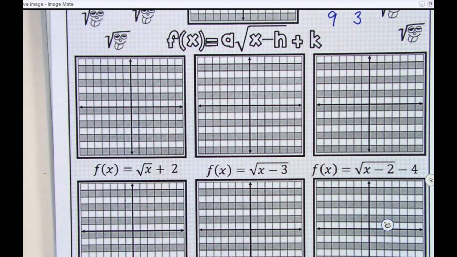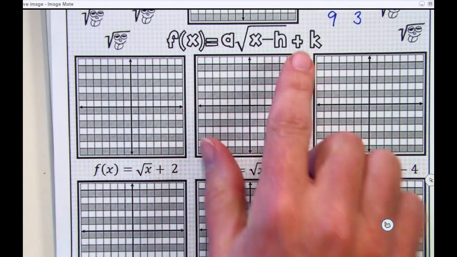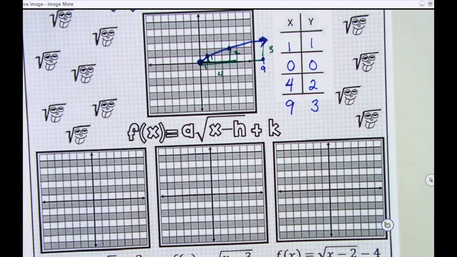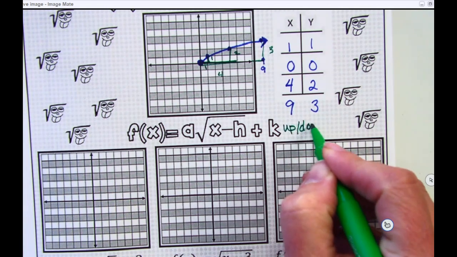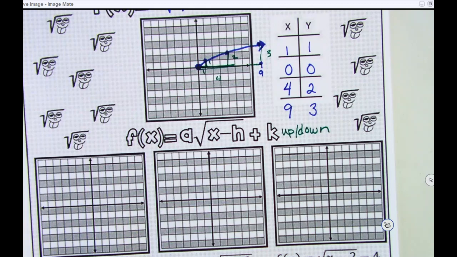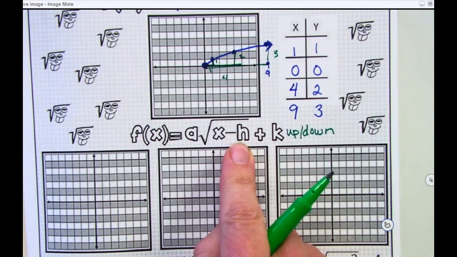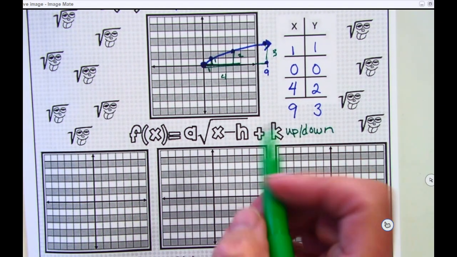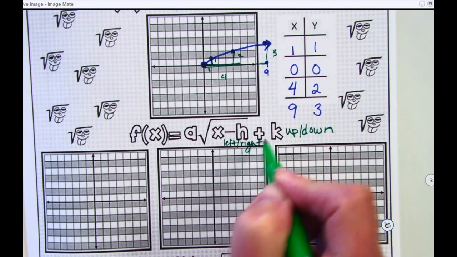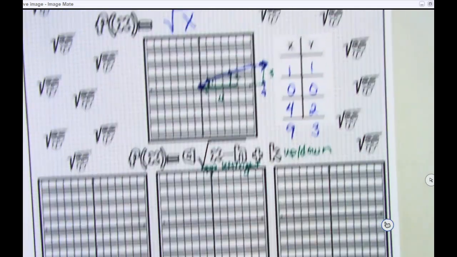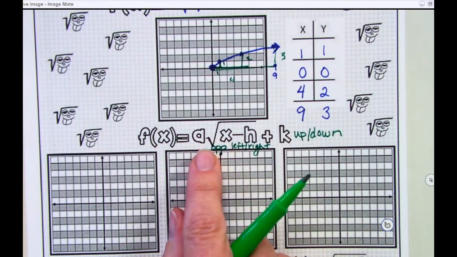We like that, right? So let's remember, what does the k do to your parent function? Up and down. Good. What does the h do to your function? Left and right, what do we know about that? It's always kind of tricky. It's the opposite direction. Opposite. And then what does the a do?